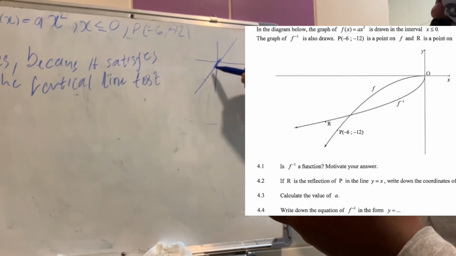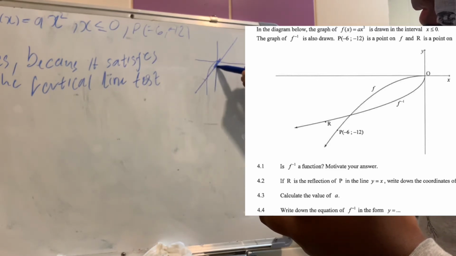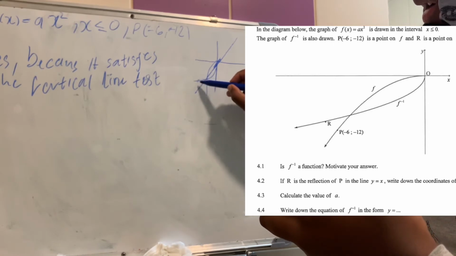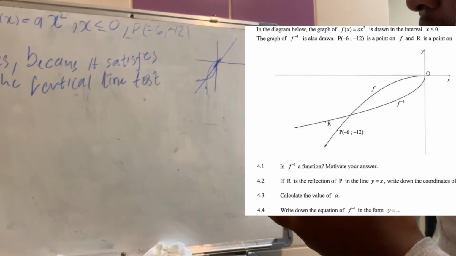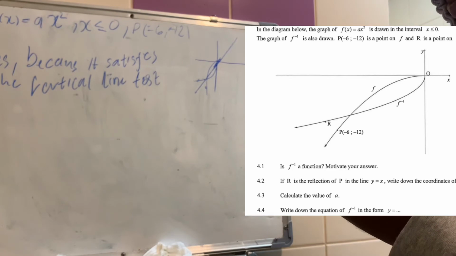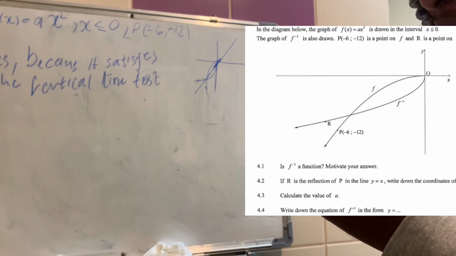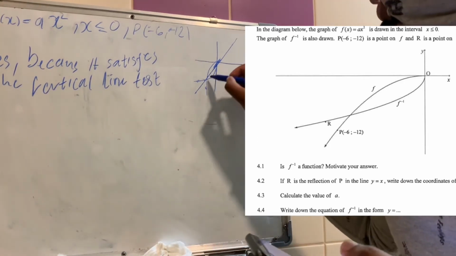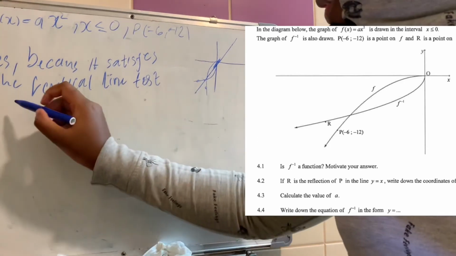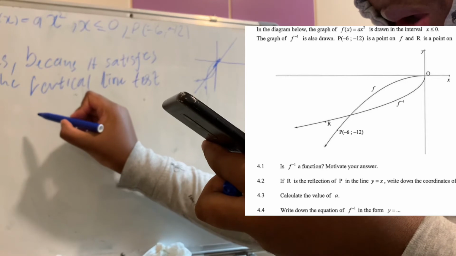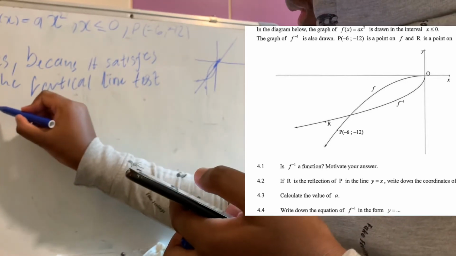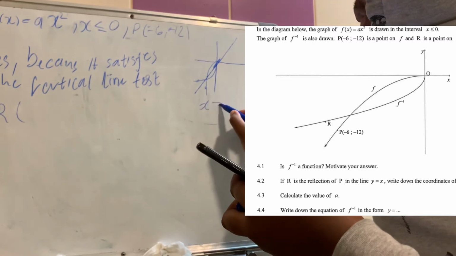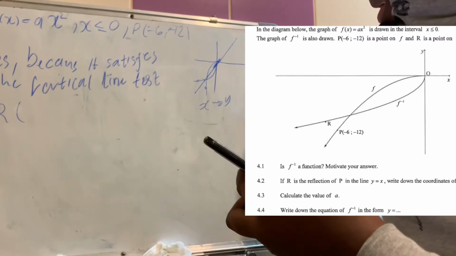Now, write down the coordinates of R after the reflection. If it's a reflection, then x becomes y and y becomes x.